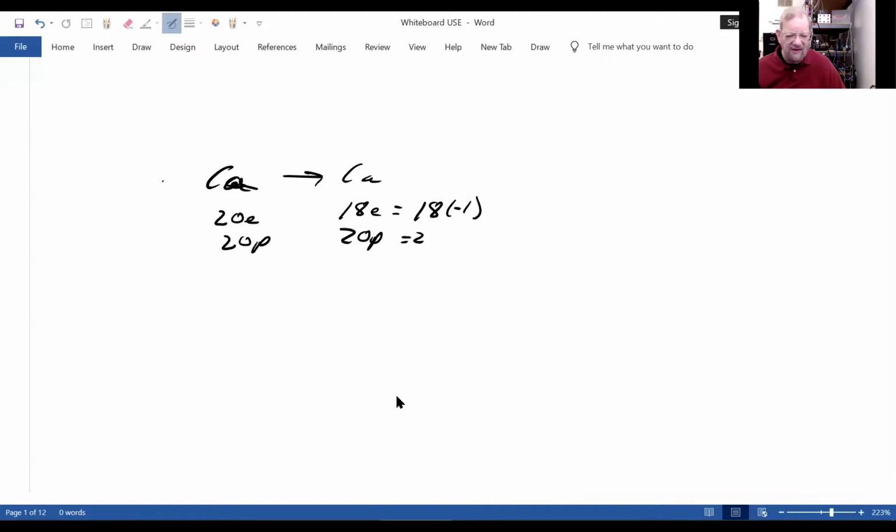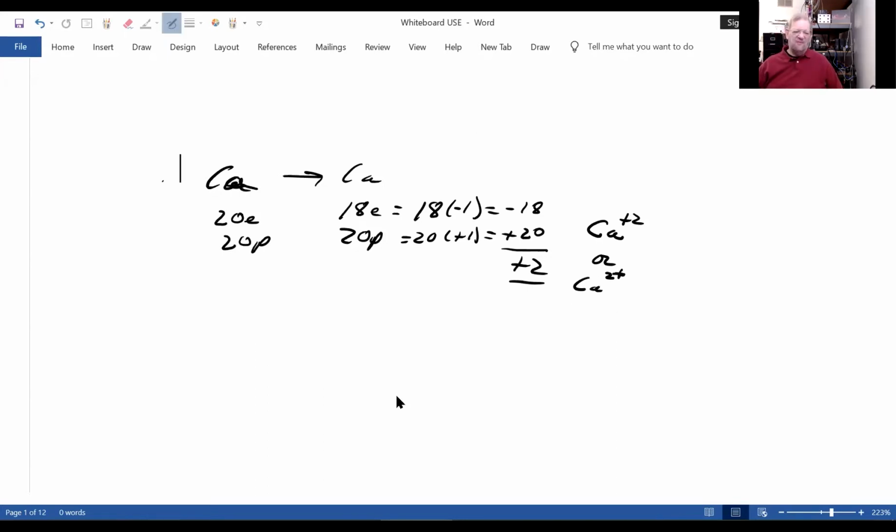Each proton is a +1 charge. Do the math. Add these together, and you get it's a +2 charge. But the question was, show the ion. And what that means is chemical symbol, and then +2, which is the old way, which I like better. Or you can also write it, which I don't like better, but would be correct on a test, 2+. And that's how you do.